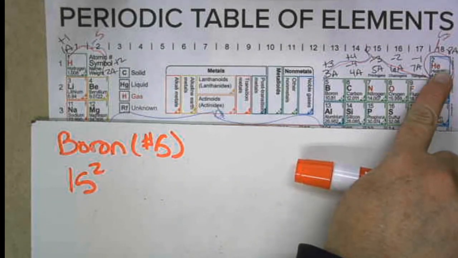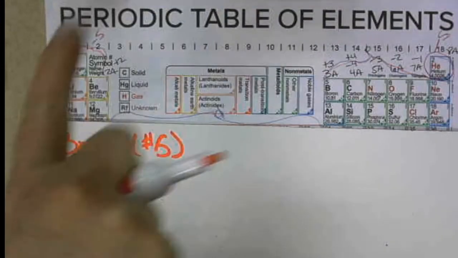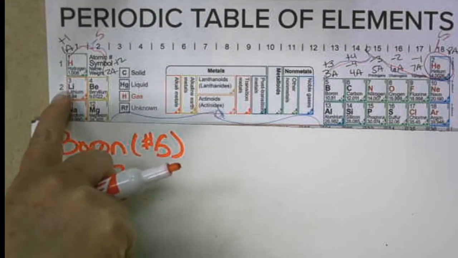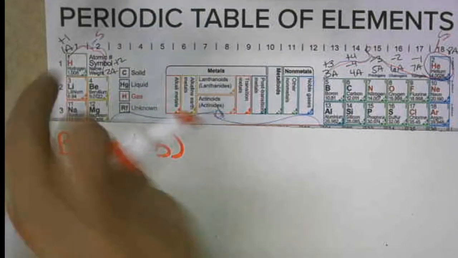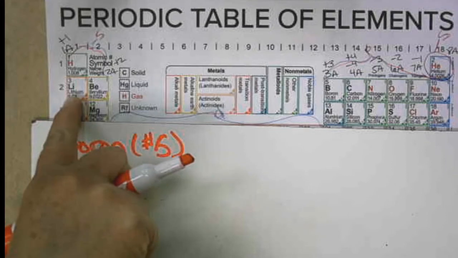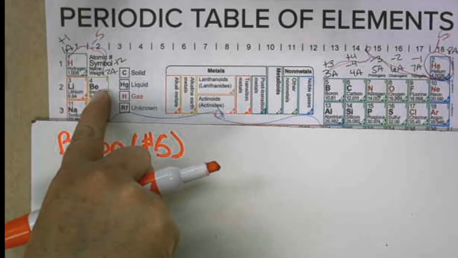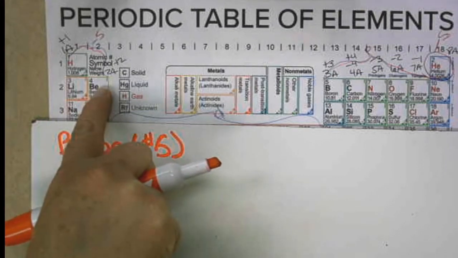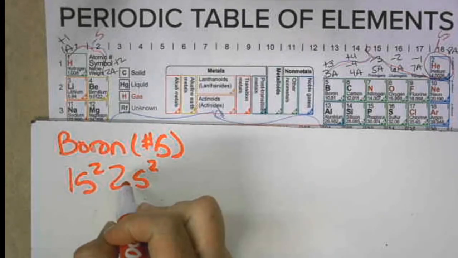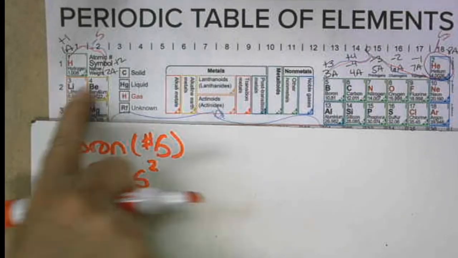So now I have to go to my next line, which is energy level 2. We're in the S block again. I count 1, 2. Nope, I have not yet gotten to boron. So I'm going to fill this one because S can only hold 2. So that's 2s2. And then move over to my other side.